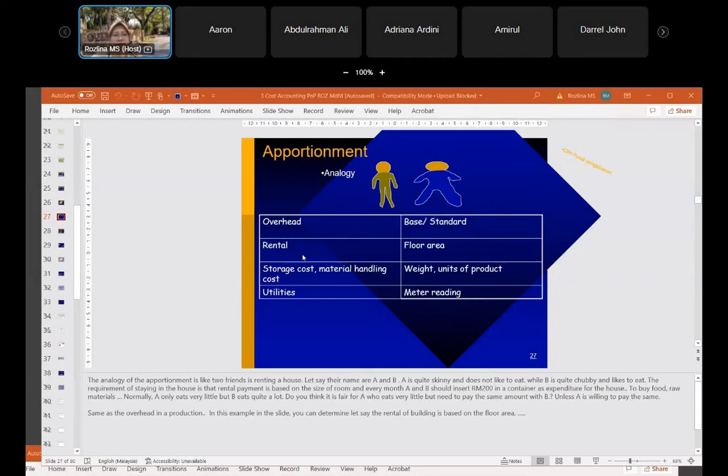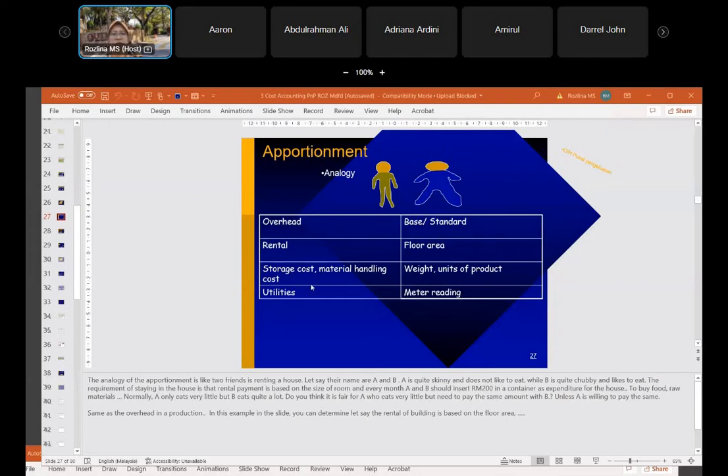So let's say rental depends on the floor area. As mentioned, the cutting department uses a very large area, so it has to absorb more cost to its product. Even though the products go through the same processes, each process should absorb its own cost.